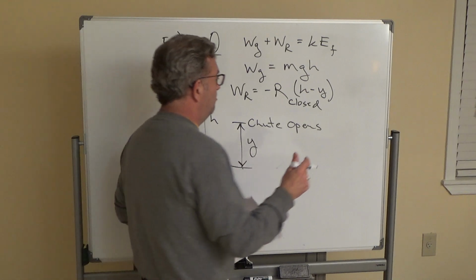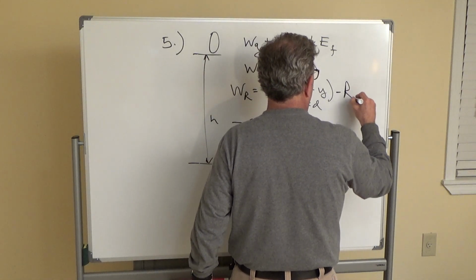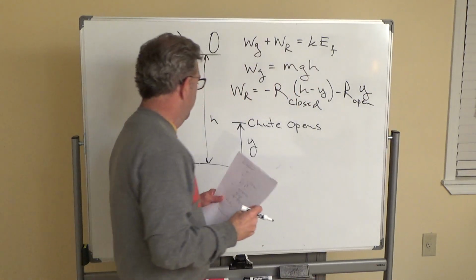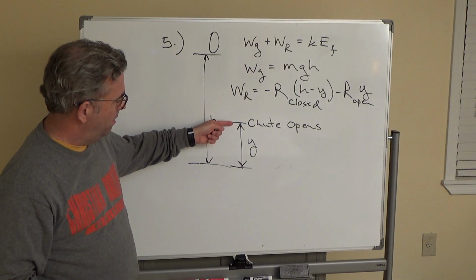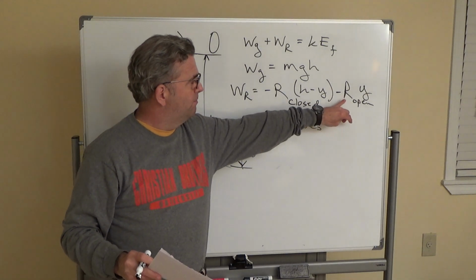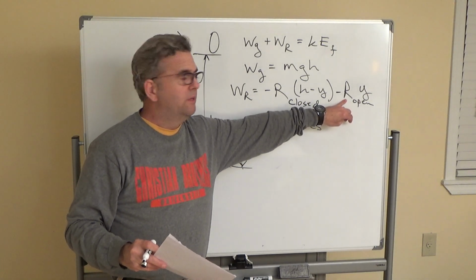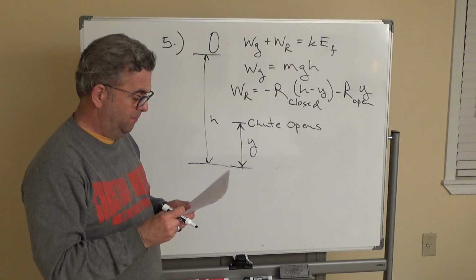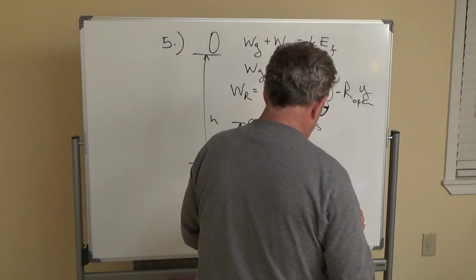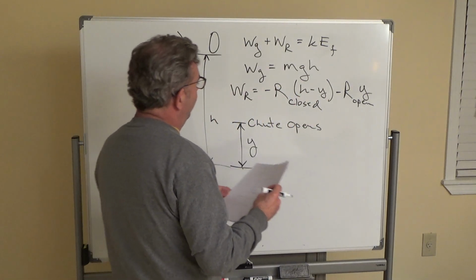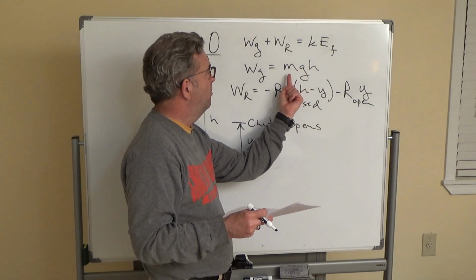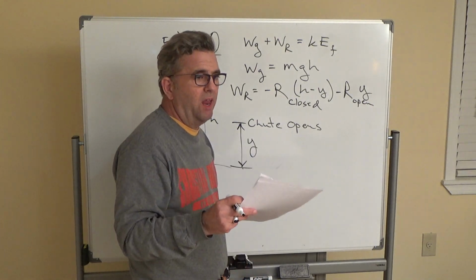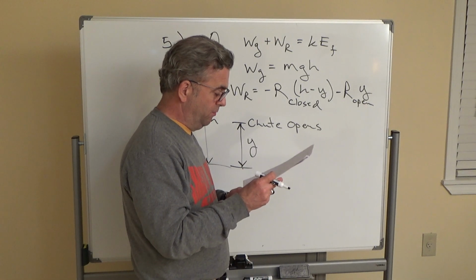Okay? Minus R with the chute open times Y, right? Because now the chute opens here, and that resistive force goes up, and it acts through this distance Y. Okay? Once you have that, you know all these variables, solve for the final kinetic energy or the final velocity, whatever they ask you for.